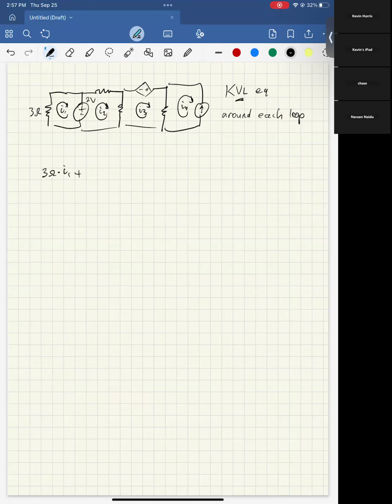And then here plus 2 volts because the current is in the direction of the voltage drop, equals 0. And then if you repeat that for all the other loops, you'll end up with 4 equations and 4 unknowns, and you can solve for all your currents. And then once you've solved for all your currents, you basically have your answer.